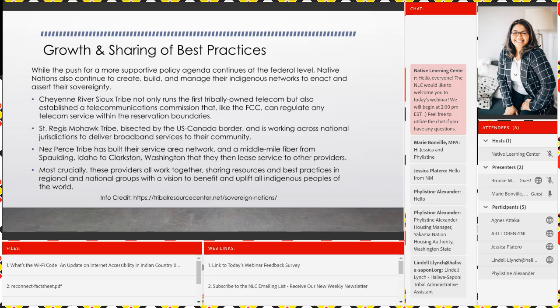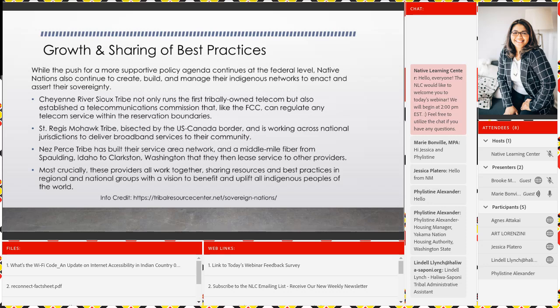So, moving into how we share best practices, I'm just going to highlight a few, and then of course we're going to bring on the Tribal Resource Center to talk more about what they're doing to help share resources. We need a more supportive policy agenda on all the different levels to create, build, and manage Indigenous networks, right?